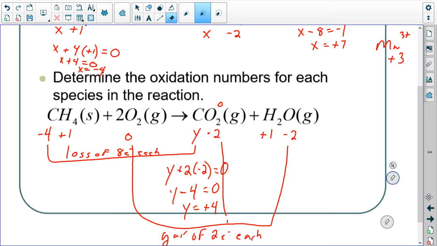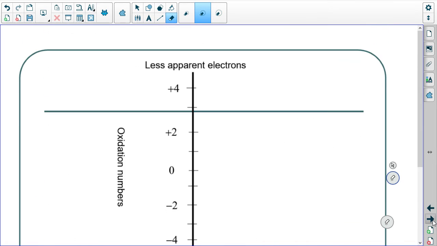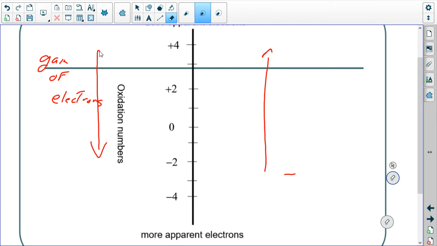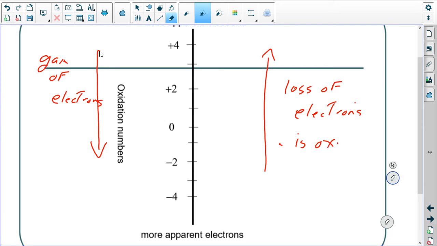It's lost 4. A slightly more visual version of what we just saw.